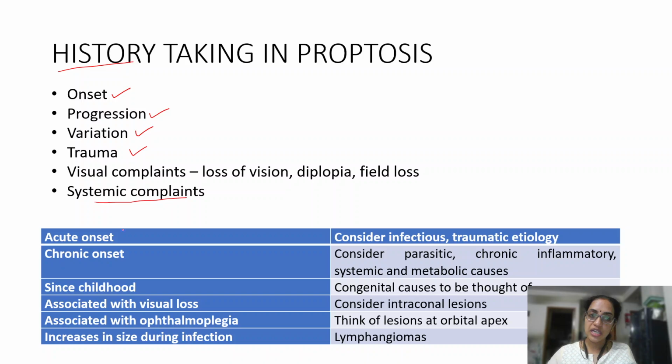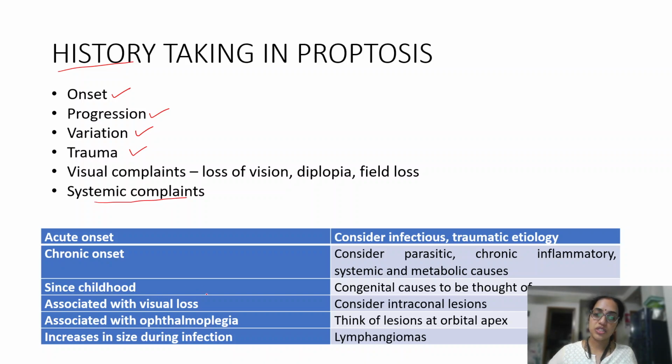Suppose you're dealing with an acute onset proptosis, consider infectious and traumatic etiology. When you're dealing with chronic proptosis, think of parasites, chronic inflammatory conditions like tuberculosis, sarcoidosis, systemic conditions, and metabolic causes. When you're dealing with proptosis in childhood, you have to be cautious of congenital causes.